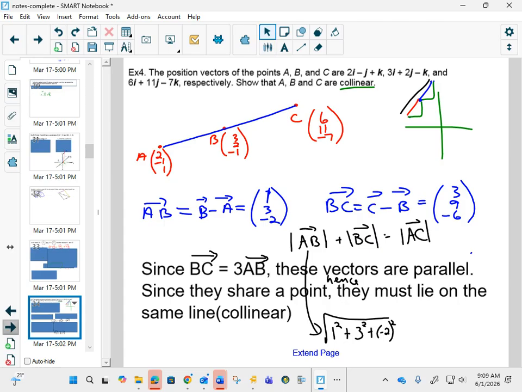So 2 different ways. Definitely the slopes way is quicker and makes more sense to do, but the distance way would also work.